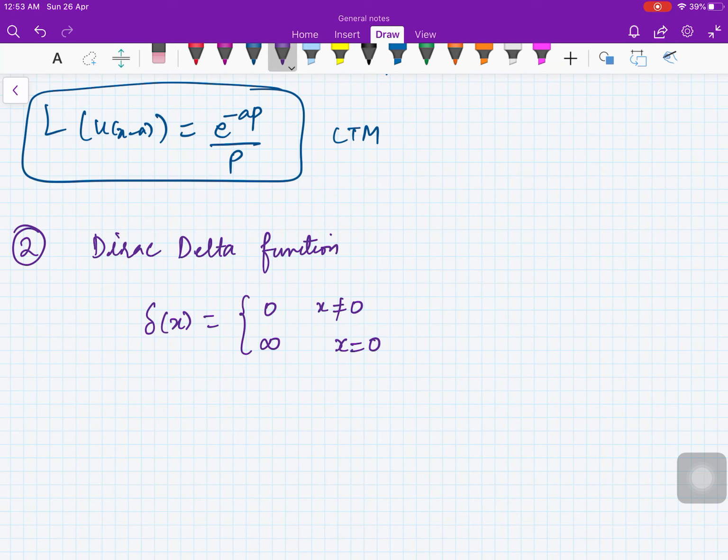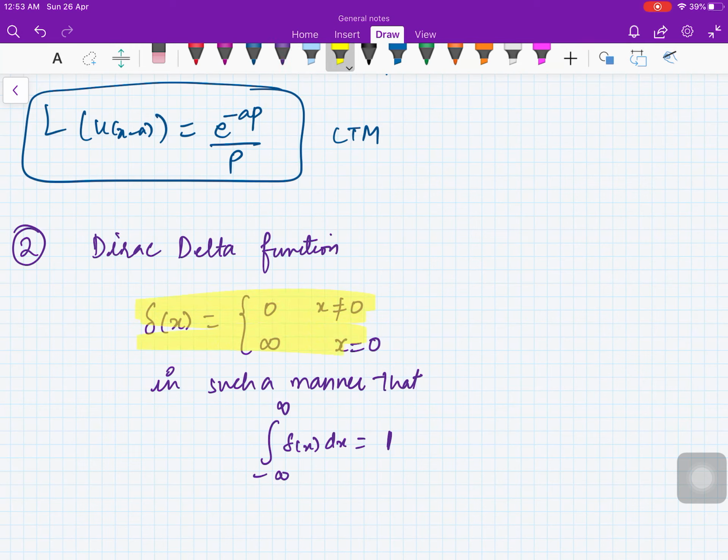It is 0 everywhere, and at x equal to 0 it is infinity, in such a manner that if you integrate delta x from minus infinity to infinity, you will get a unit number. In actuality, among the functions known to you, you will not be able to find any function which satisfies this.